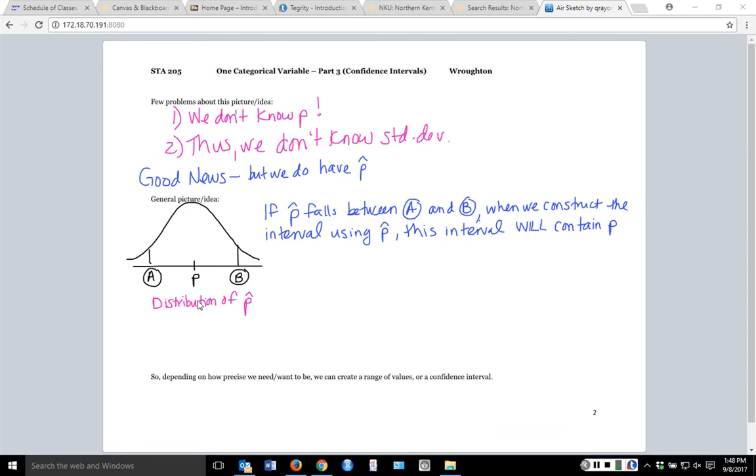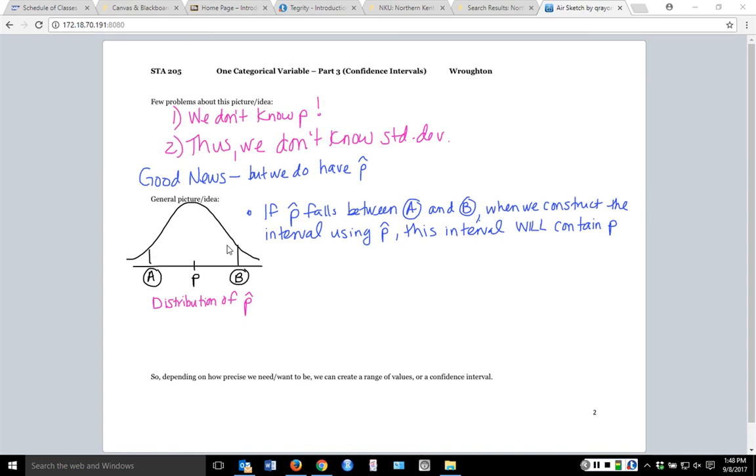So by that idea, if I had P hat somewhere over here, and I go out 2 standard deviations in both directions, P will be inside of that interval. Now, I'm not saying where in that interval, but it's going to be somewhere inside that interval.